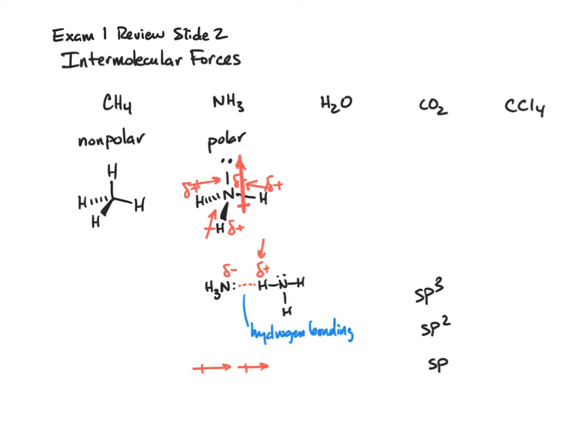So here's the hybridization. What's the bond angle? What's it for sp2? And then sp. So you do need to know that, and that falls out directly from the orbitals that are involved in making those hybrid orbitals.